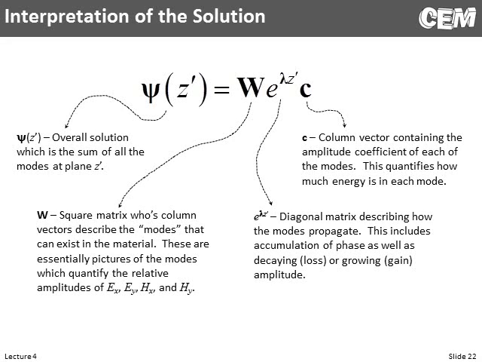So in other words, what are the fundamental configurations of Ex, Ey, Hx, and Hy that can exist in this slab of material? And I have some pictures coming that'll help put physical meaning to that. But each column represents some combination of those four values, which is a wave, an independent wave that can be traveling through this material.